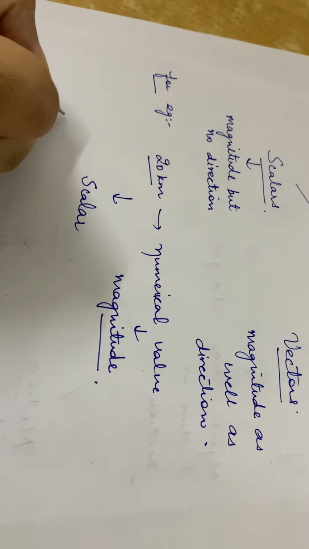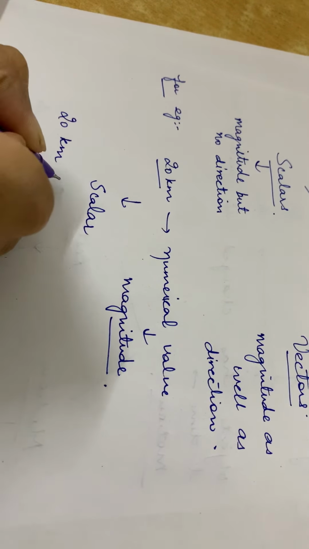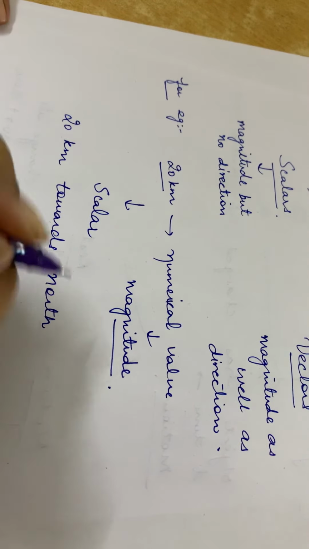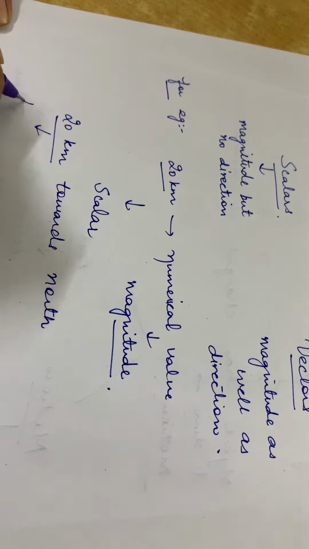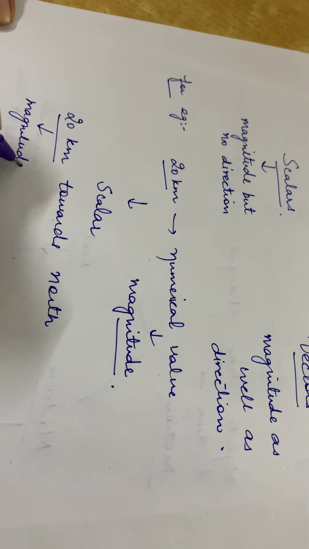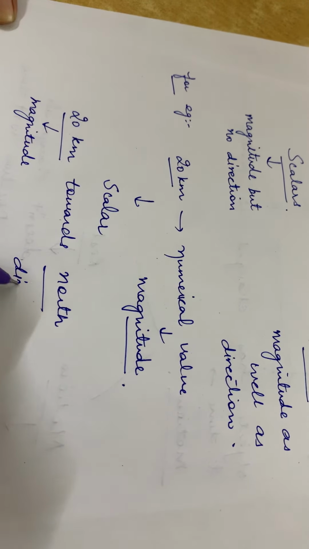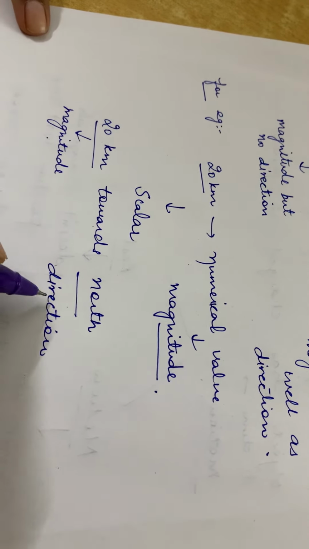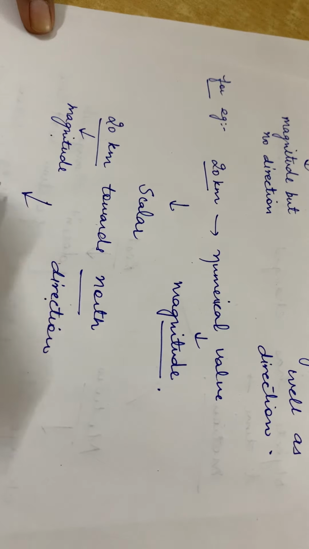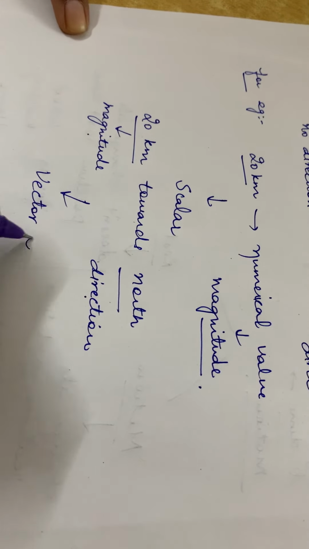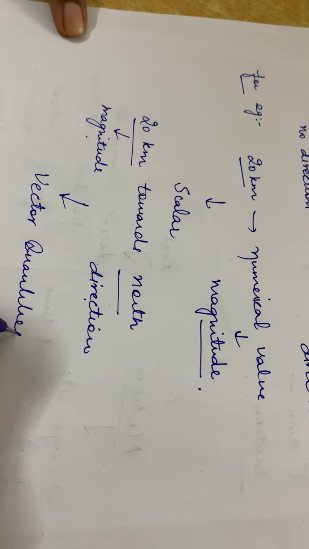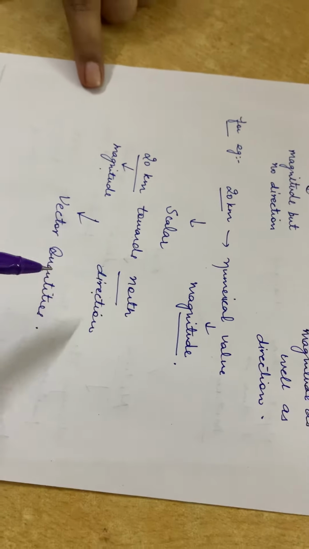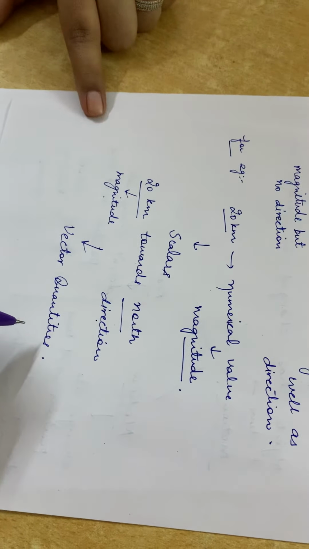But if I say that I have moved 20 kilometers towards north, I have specified magnitude as well as direction. So such quantities in which magnitude as well as direction is required are known as vector quantities. We will discuss in detail what are the other examples of scalars and vectors.